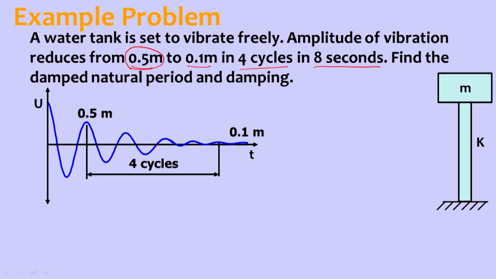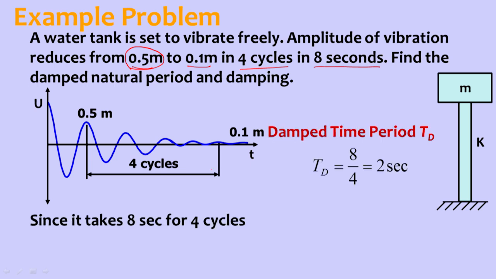So if I calculate the damped natural period, which is 8 seconds for 4 cycles, that is 2 seconds. The time taken for one cycle is 2 seconds.